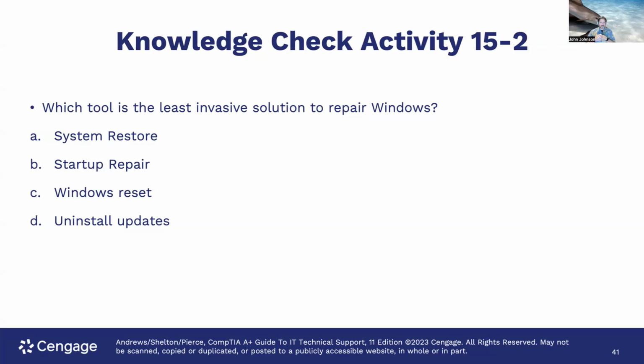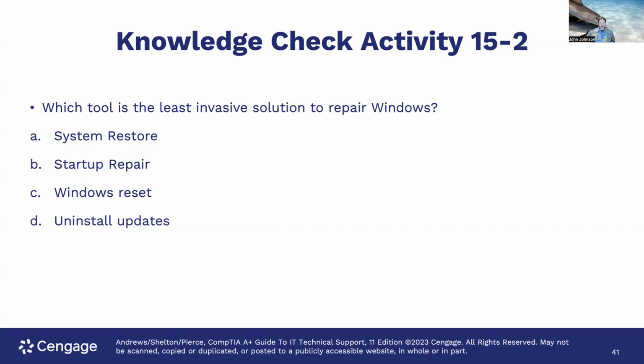A Windows reset is going to reset the system, and our last one is going to be to uninstall updates. Uninstalling updates is going to be a little bit more of a problem because it could be doing several things at once.